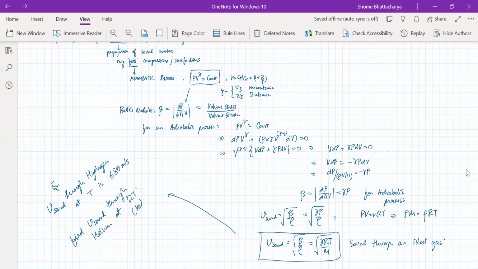This 2T is in kelvins. So you have to just do a simple comparison of these two, not even the application of the formula.